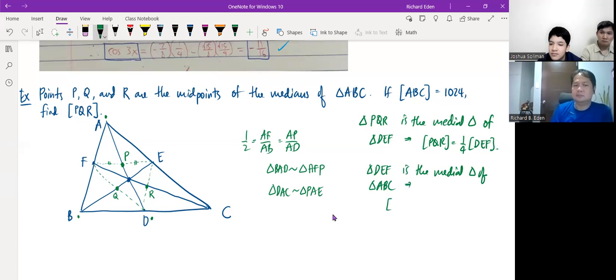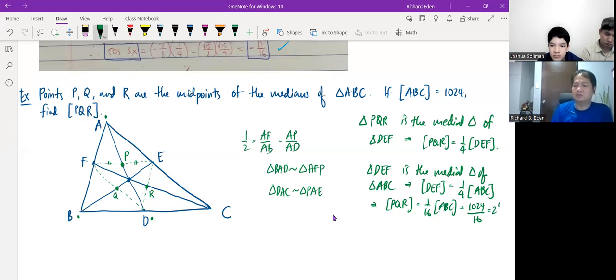So that makes PQR 1/16 the area of ABC. So that's just going to be 1024/16, 2 to the 10 over 2 to the 4.